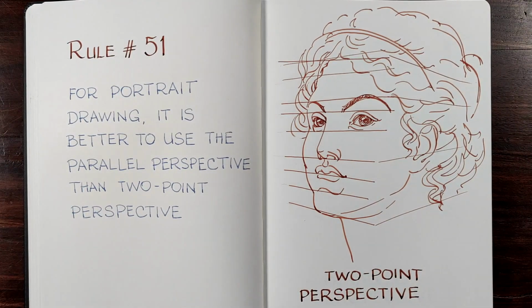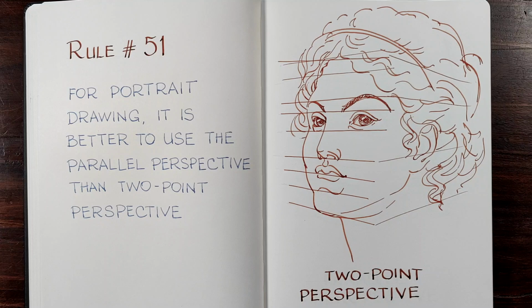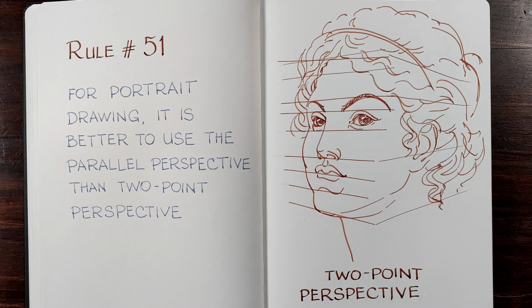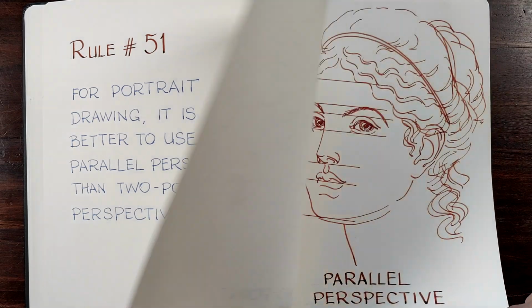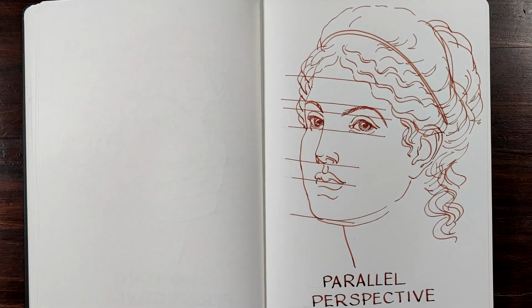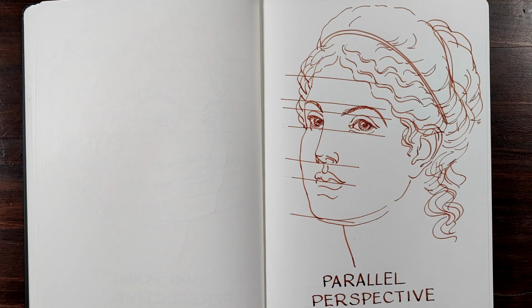Rule number 51. For portrait drawing, it is better to use the parallel perspective than two-point perspective. As you can see, this drawing in parallel perspective is less distorted than the previous one in two-point perspective.